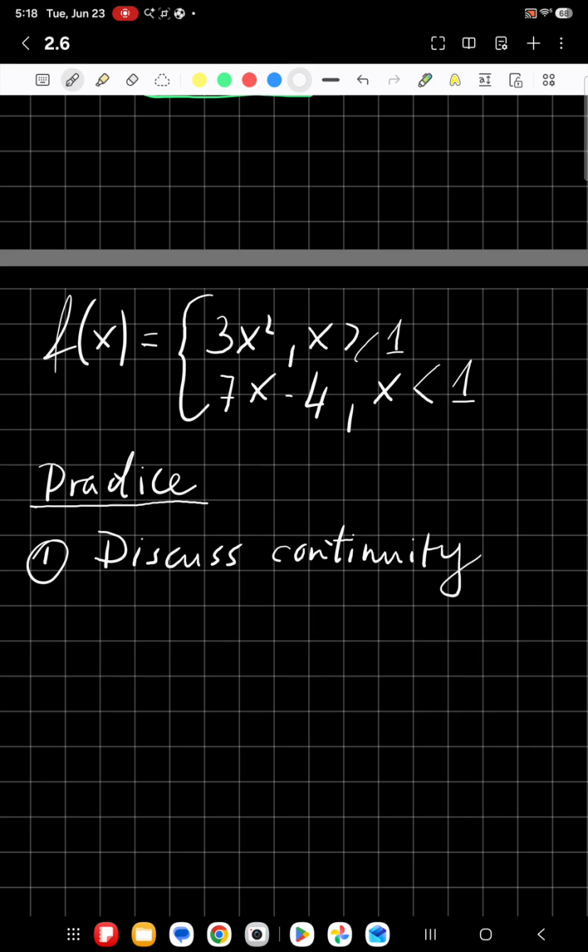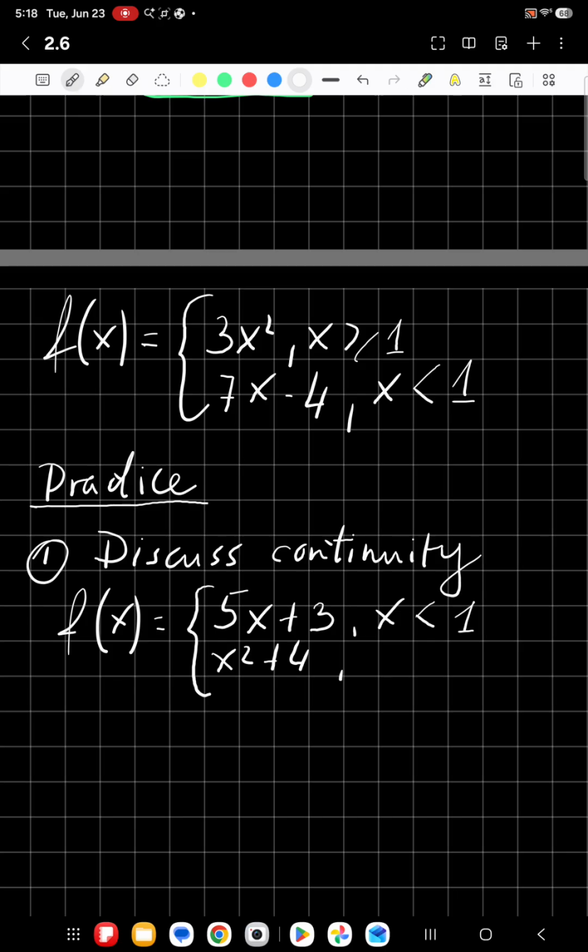Again, the piecewise function. When you have those piecewise functions, what do you need to do? You need to check continuity at those junctures. In this case, it's going to be 1. That's the first juncture. The second function is x squared plus 4.